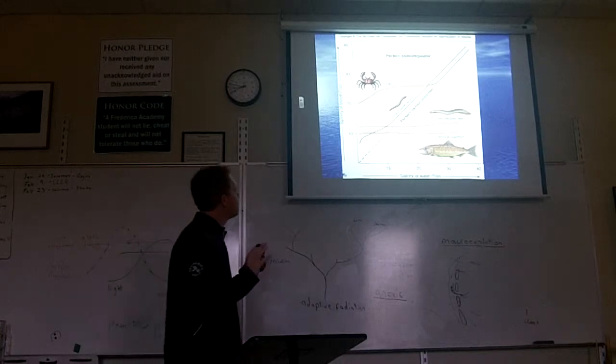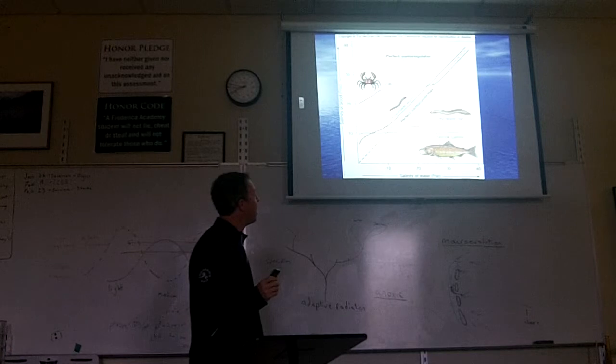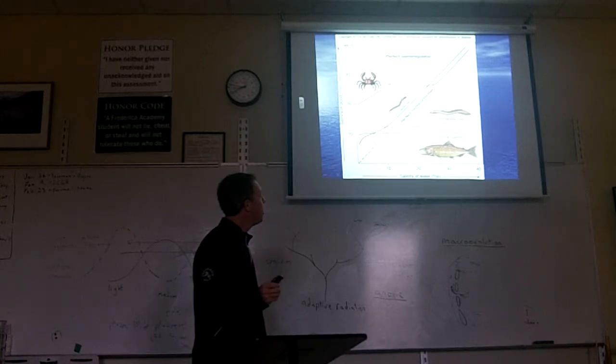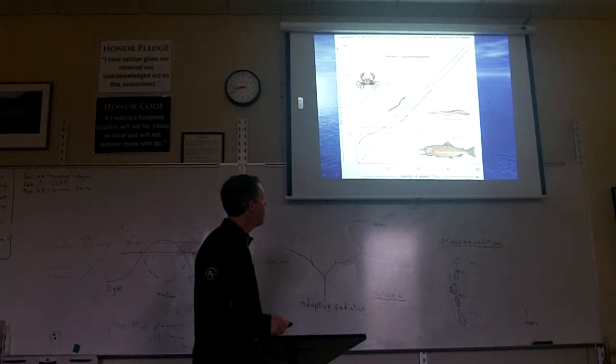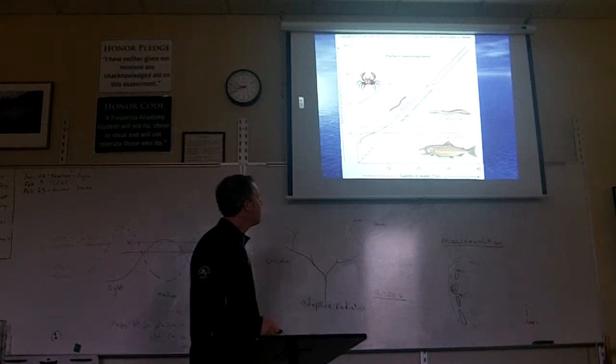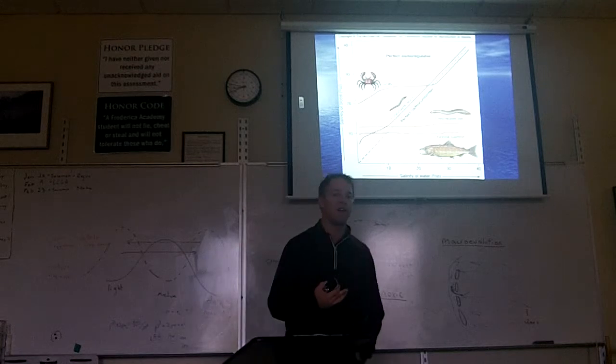Now, organisms, we call any organism either an osmoregulator or an osmoconformer. This worm here and this crab here sort of fit into the osmoconformer category. An osmoconformer is an organism that changes its salt level.